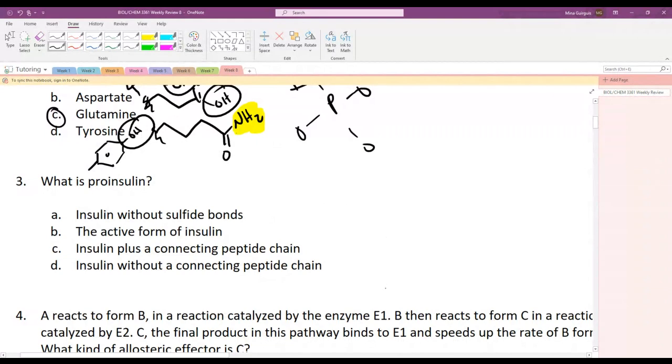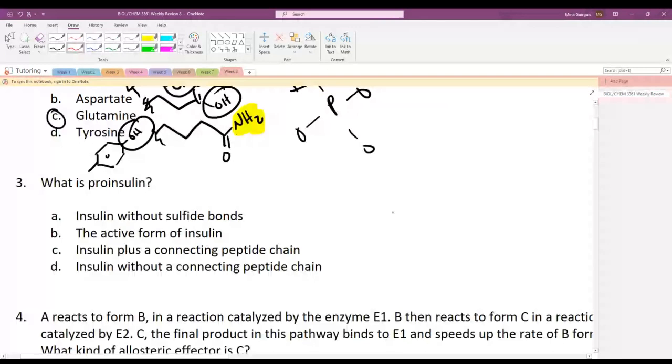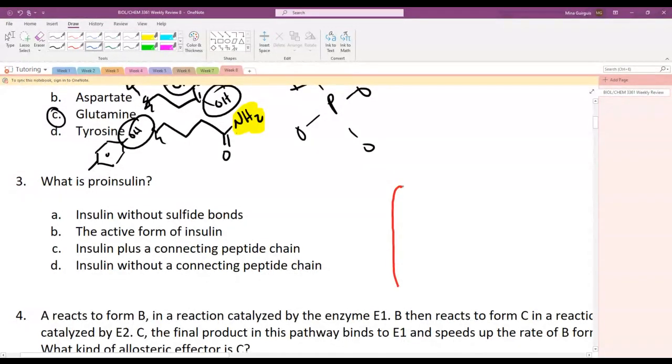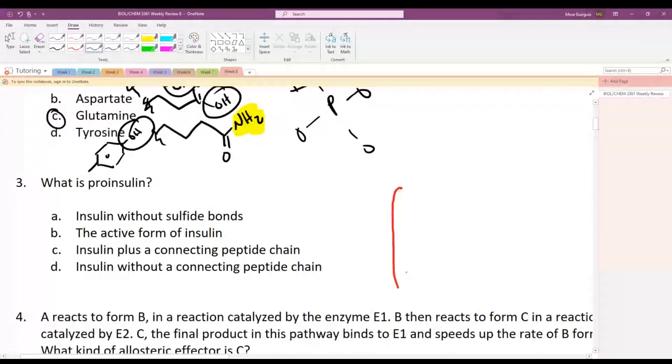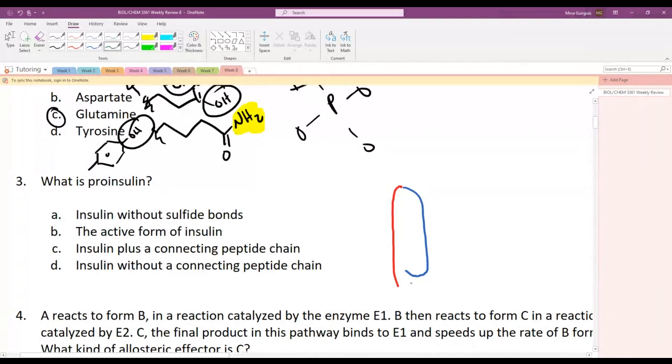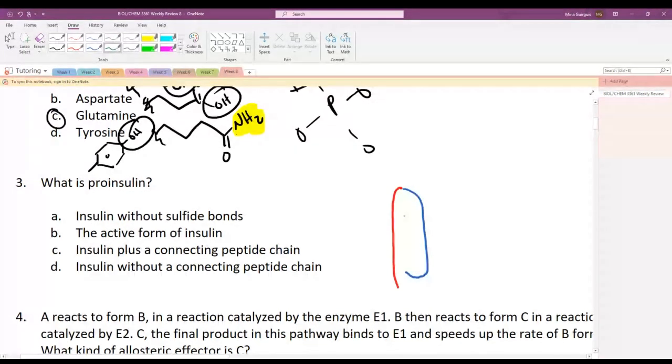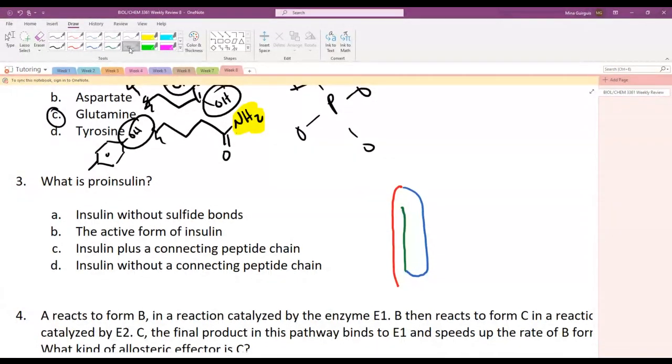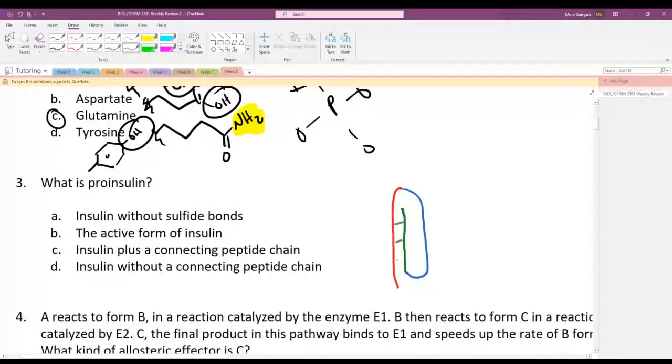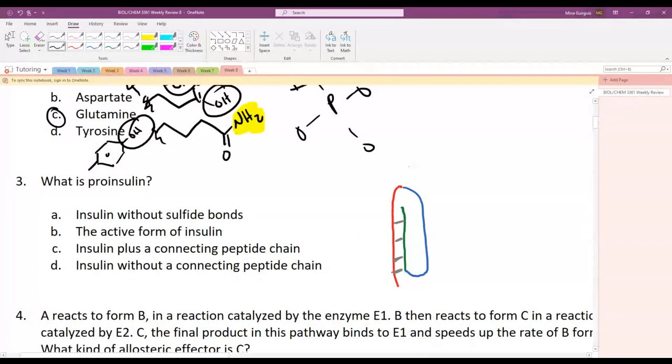Pro-insulin looks like, and I'm going to try to use different colors here so that I can show what I want to show a bit better. Like that. Almost like a paperclip. And then between a couple of these spots, there's disulfide bridges.